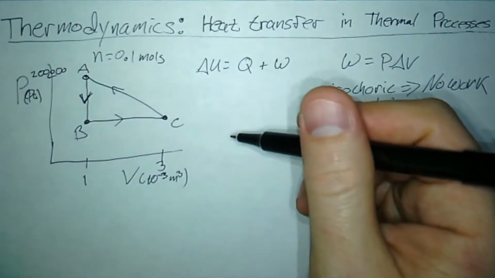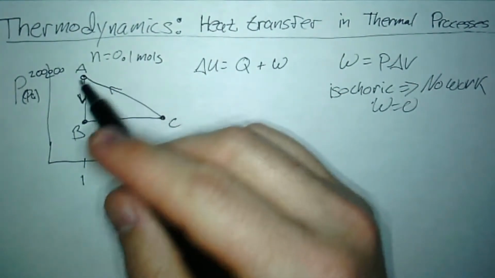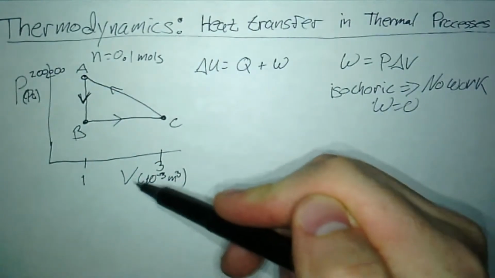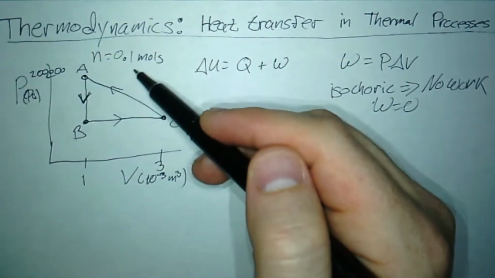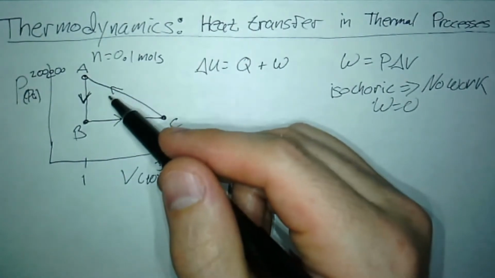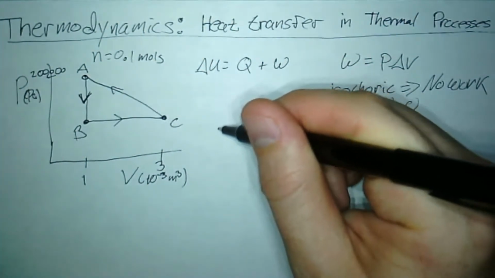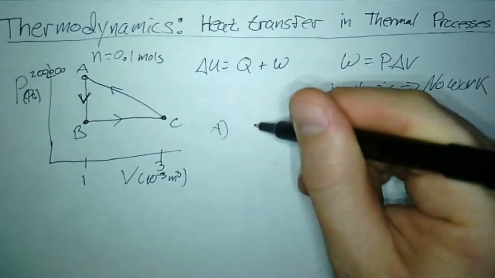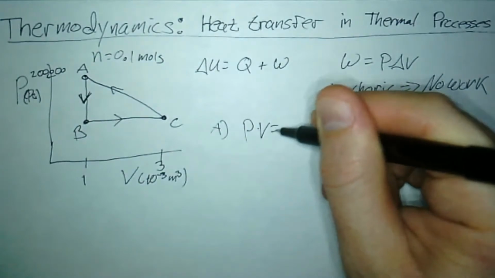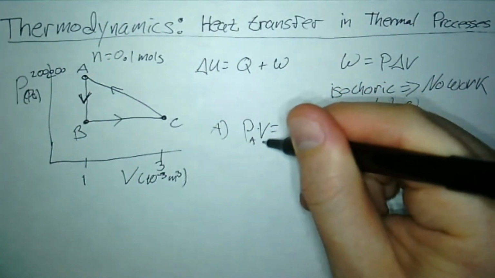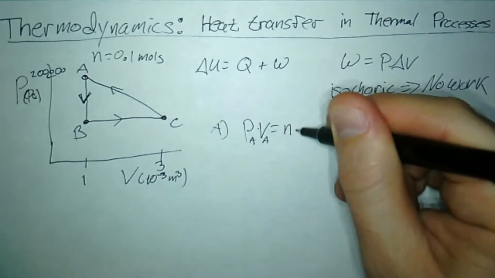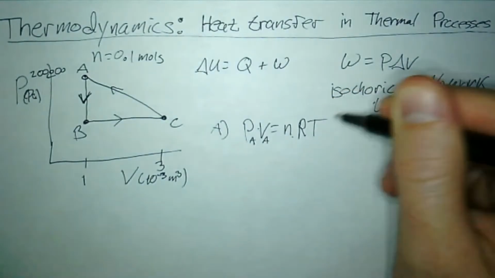And I can figure out what my temperature is at each of these points, because I know the pressure, I know the volume, and I know the number of moles. So I know P, V, n, and R is a constant. So at point A, PV equals nRT, and we're going to assume n is a constant.